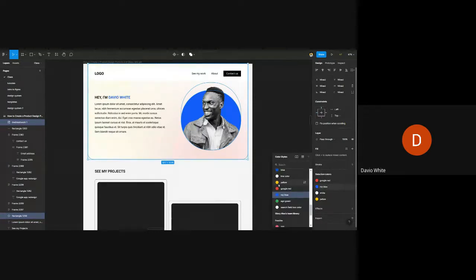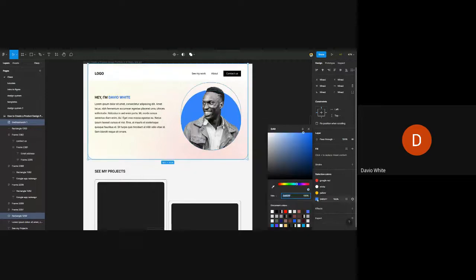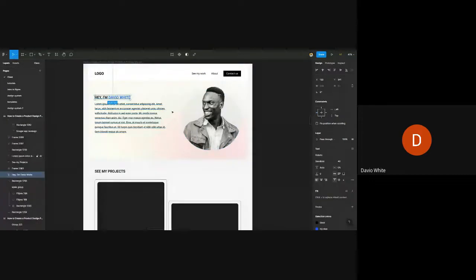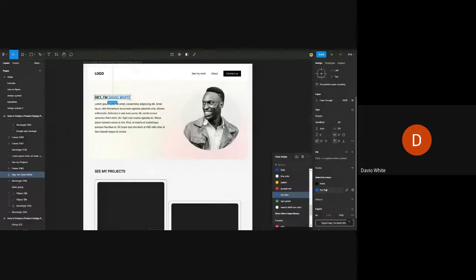This blue, I'll change it to something like a lighter shade of blue. Let's do this and touch this and just give it a lighter shade. Something like that. Something that won't draw so much emphasis. Change this one back to black.